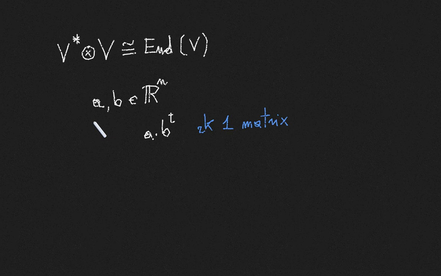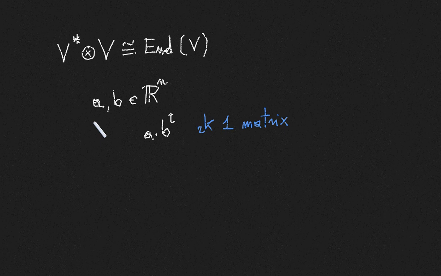Now, B transpose is exactly an element of the dual. You remember the transpose means just going to the dual. So this is actually one of the generators of this space. It's a tensor product between A and the functional defined by B transpose. And I think you all have met this at some time, that you can write every square matrix as a sum of these matrices, which are rank 1 matrices.